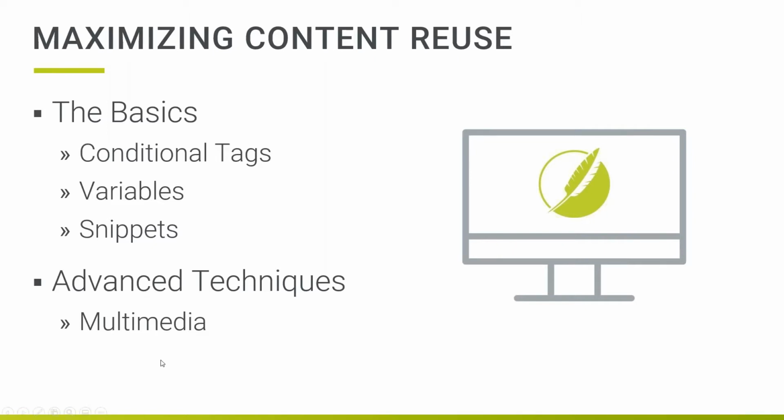And then beyond multimedia, we're also going to talk about some advanced snippet use cases. In one of the earlier sessions, somebody asked whether conditional markers could be used on, say, tables to include or exclude an entire row or column.